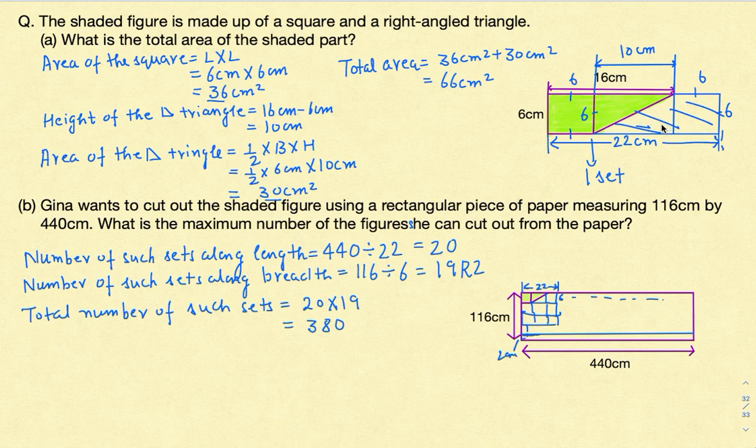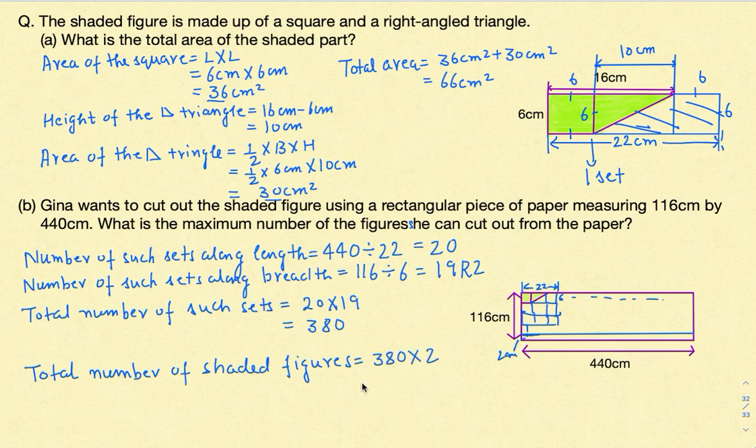So the total number of shaded figures will be 380 times 2, which gives us 760.